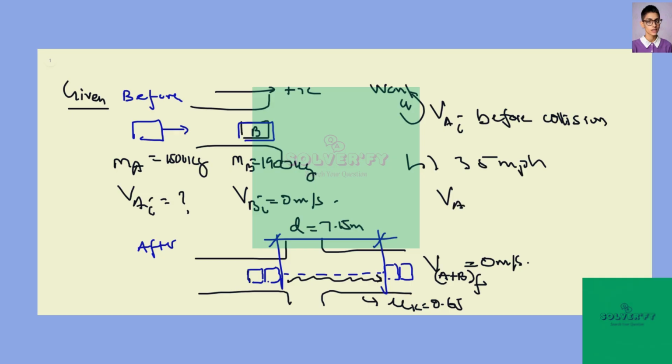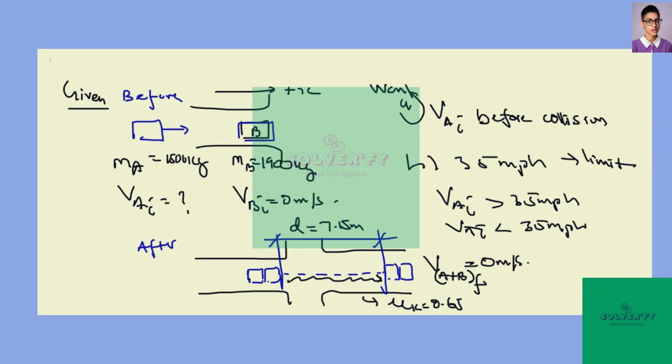We want to compare the initial velocity, whether it's greater than 35 miles per hour or less than 35 miles per hour. That's the speed limit.